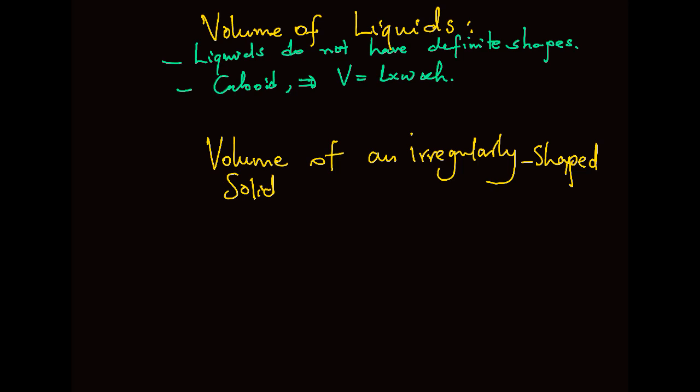If we take a cylinder and we fill it with the liquid, then the volume would be given by volume equal to pi r squared h, which is the volume of a cylinder.